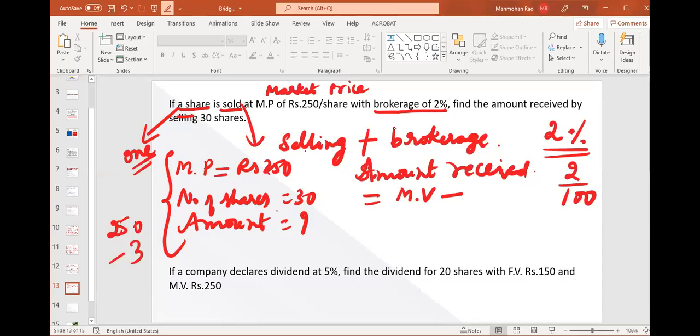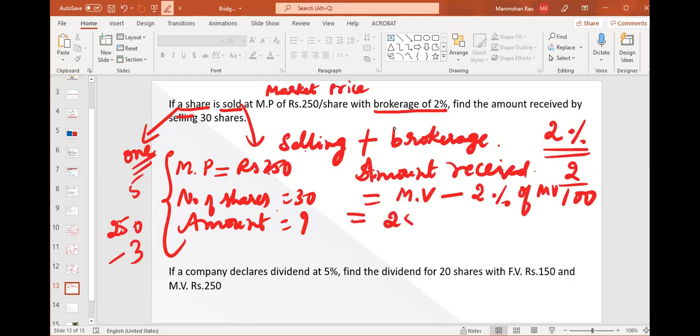If the broker is taking 5 rupees, then 245 rupees you get. If the broker is taking 2%, we don't know of what. Brokerage is calculated on the market value. So the amount received for one share is market value minus 2% of market value.